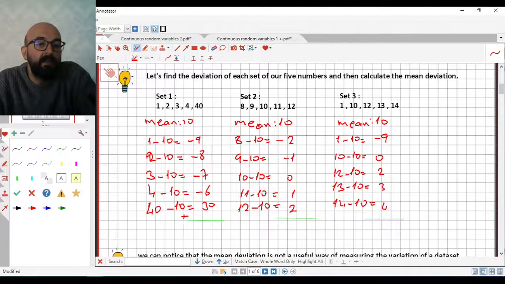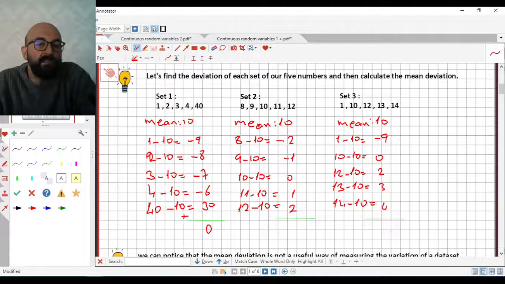For example, -9 plus -8 is -17, -17 plus -7 is -24, -24 plus -6 is -30, -30 plus 30 becomes 0.